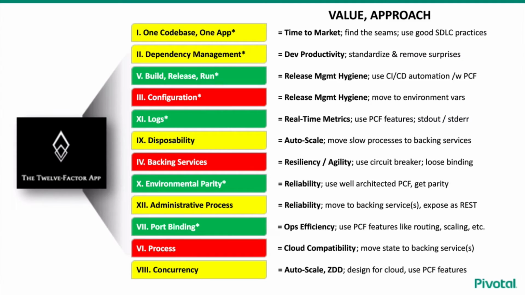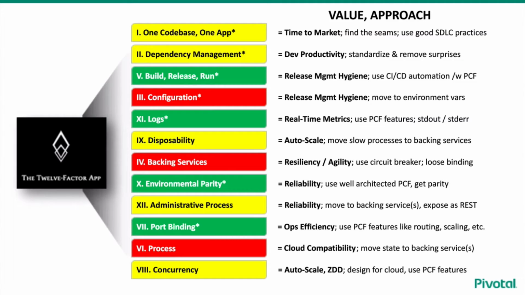Logs really should be treated as event streams. You need a time-ordered sequence of events that's emitted from an application, because you can't log to a file in a cloud, right? So you log to standard out and standard error, and let the cloud provider or the related tools deal with it and turn that into a stream. Disposability, obviously, again, fairly important.